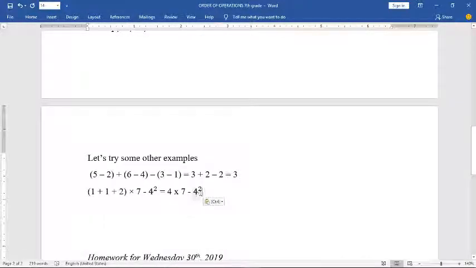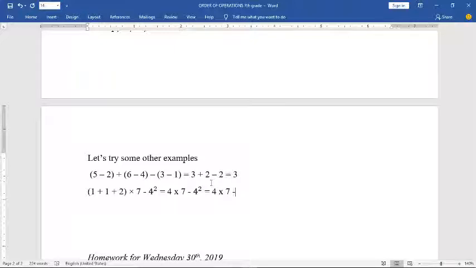Here we have 4 raised to the second power. So we have 4 times 7 minus, what is 4 raised to the second power?